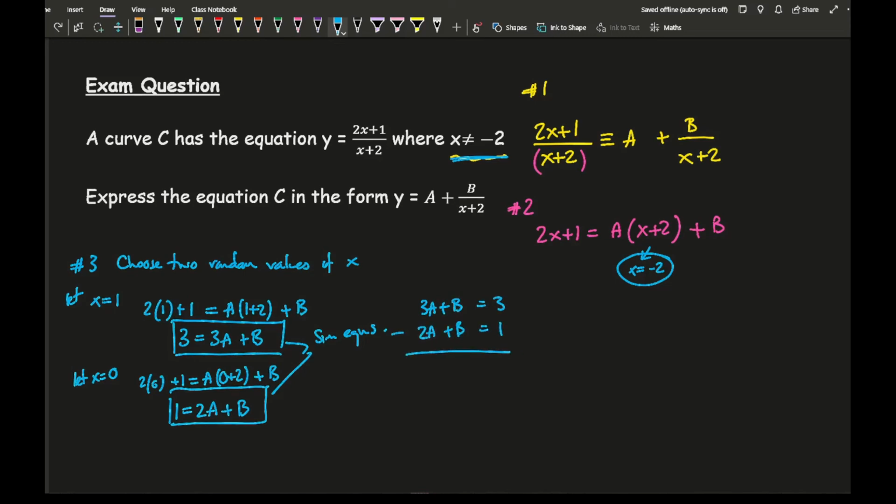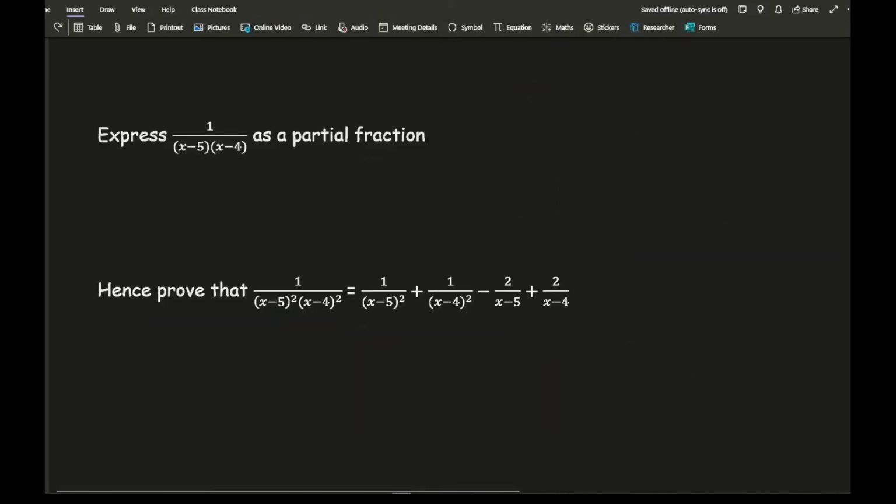I take the two away, I get A equals 2, and if A equals 2, then B is going to equal -3. So (2x + 1) over (x + 2) can be written as 2 minus 3 over (x + 2), and there is my final answer.